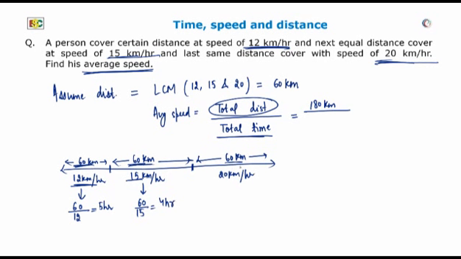And for the third part again, time will be equal to 60 upon 20, that is 3 hours. Now total time will be equal to 5 plus 4 is 9, plus 3 is 12 hours, and this will give 15 km per hour, that is our average speed.